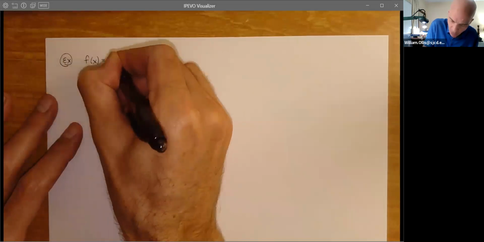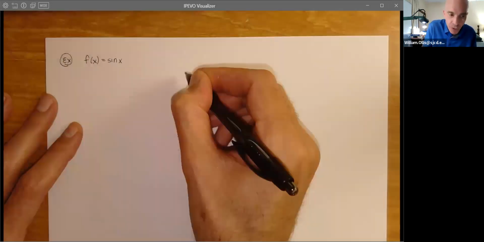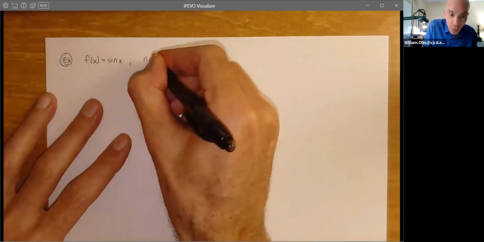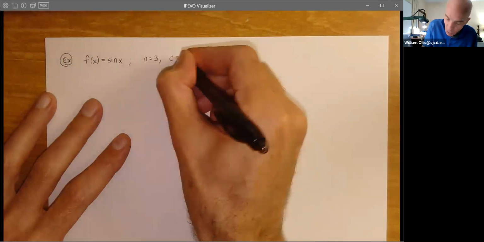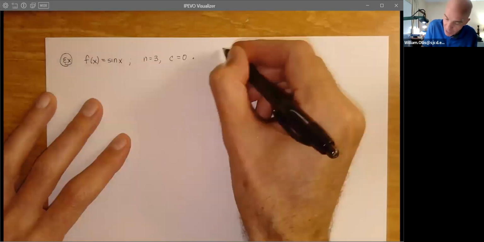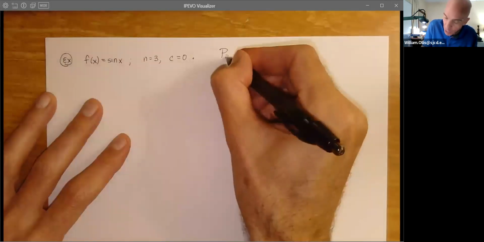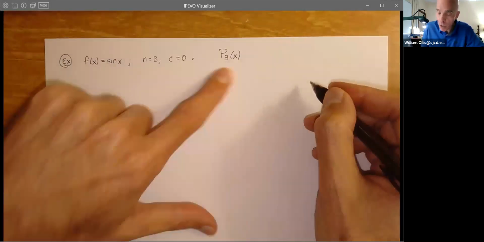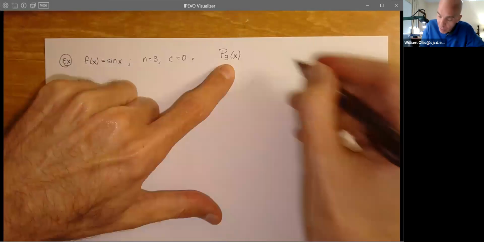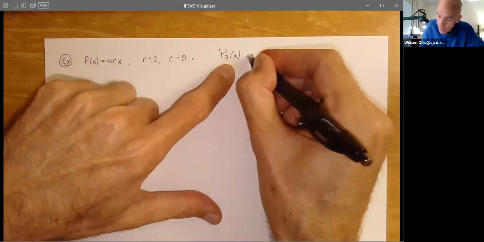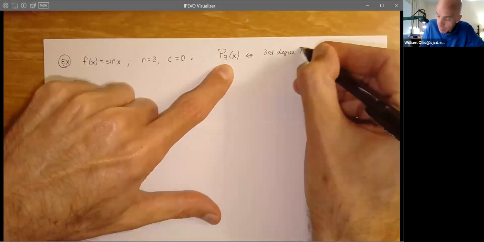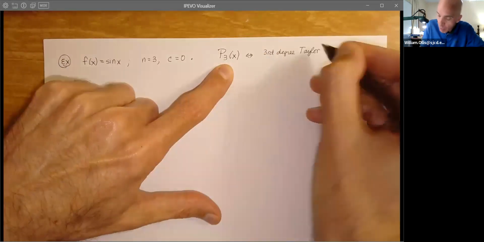Cotangent's not as user-friendly. Sine x is very user-friendly. And we want our n equal to 3, and we're going to take c equal to 0. So this is basically the third degree polynomial, which we call the Maclaurin when c is 0, but just say third degree Taylor, or Maclaurin.